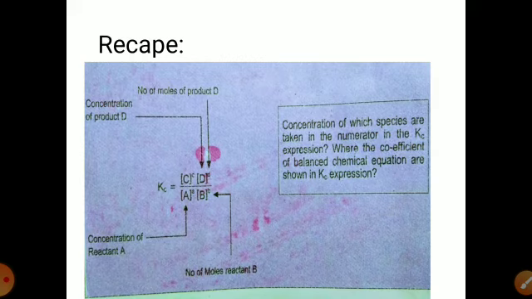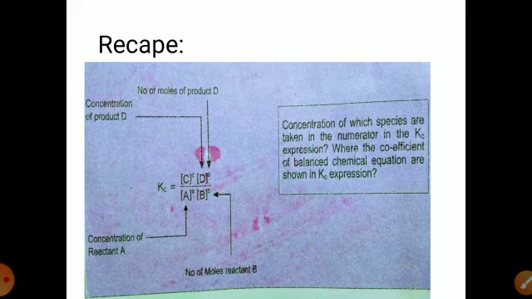Now I'm giving you a recap. What is Kc? Kc is product upon reactant. Any product, any reactant, from any hypothetical equation or any real equation, the numerator side is always product, and the denominator side will always be from the reactant side. Look here. The coefficient numbers, the small alphabets, are the number of moles, and inside the square brackets we have the concentration of products.